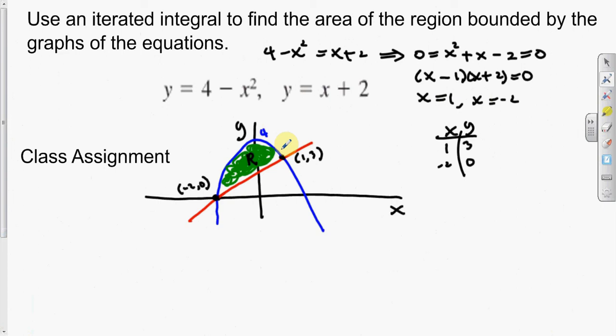x is bounded below and above by negative 2 and 1. It is bounded below by this line, see there, x plus 2, and above by the curve, 4 minus x squared.